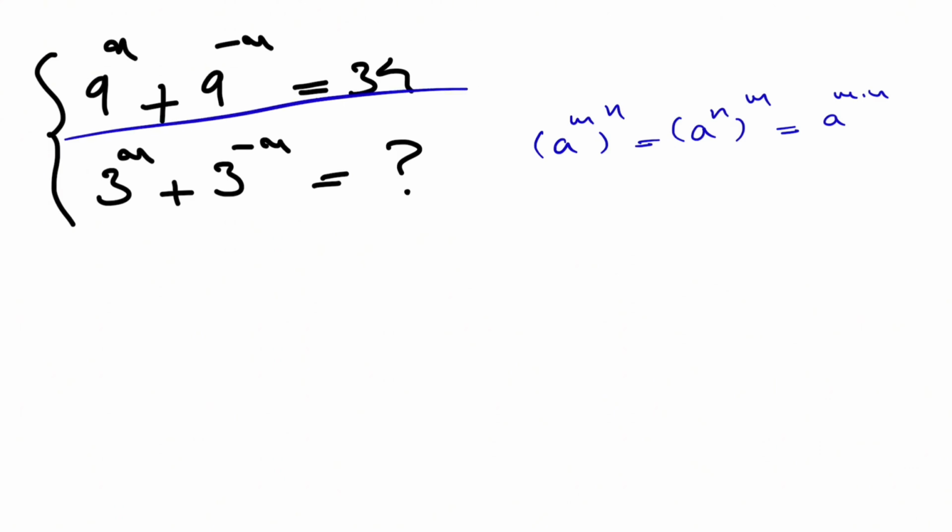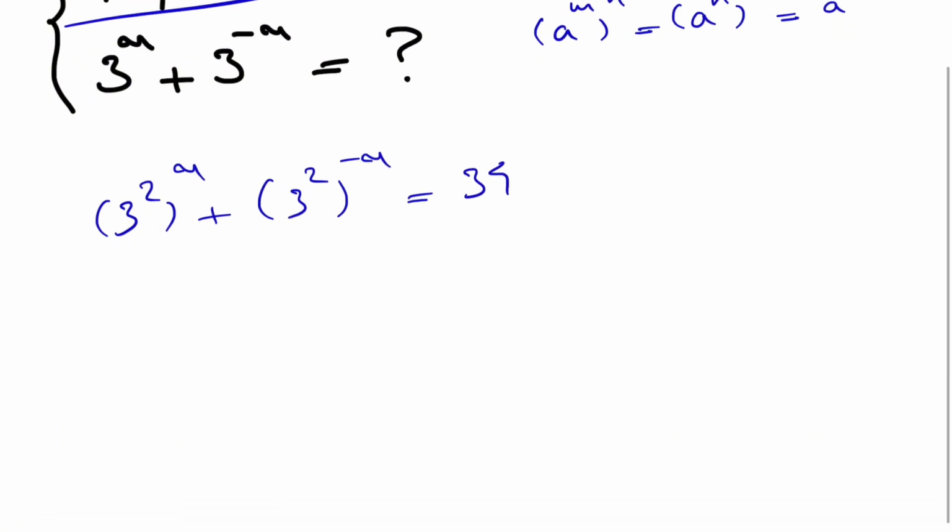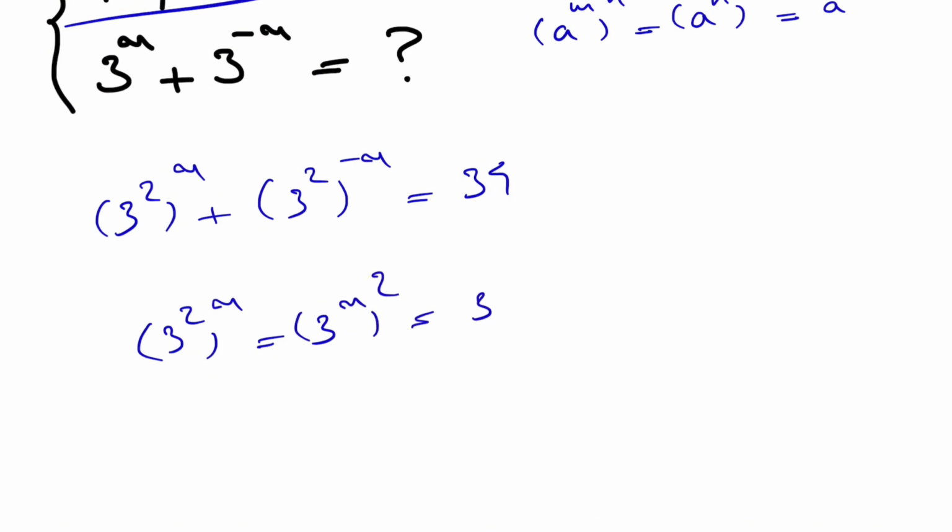In the first equation, we have 3 to the power of 2 to the power of x plus 3 squared to the minus x equals 34, and from here we know 3 to the 2 to the power of x is equal to 3 to the x to the power of 2, or 3 to the 2x, or what we have at the beginning, which was 9 to the x, and we'll have the same thing for the 3 to the power of 2 to the minus x.